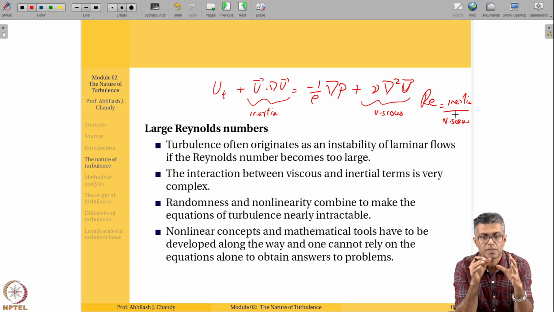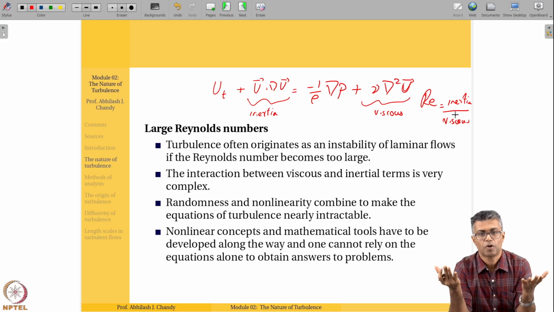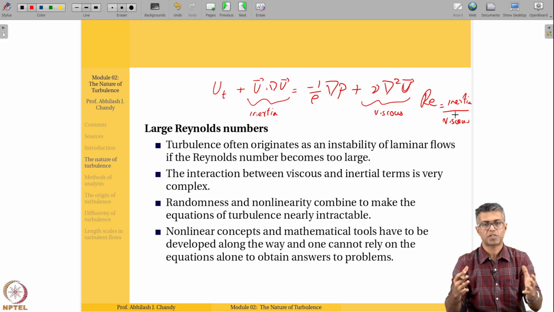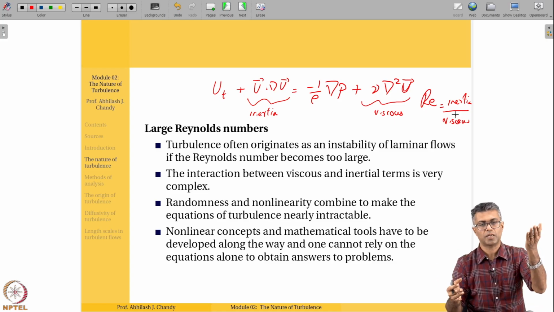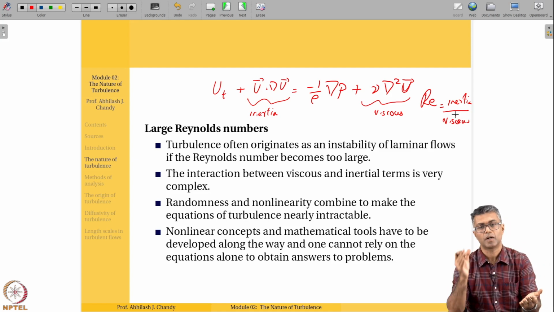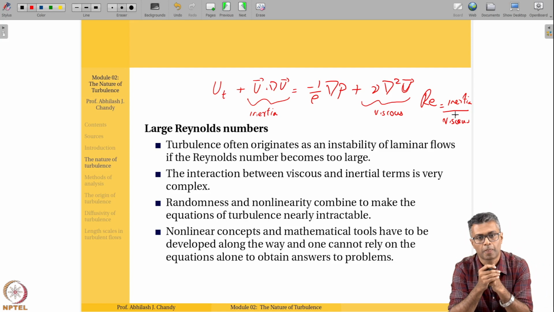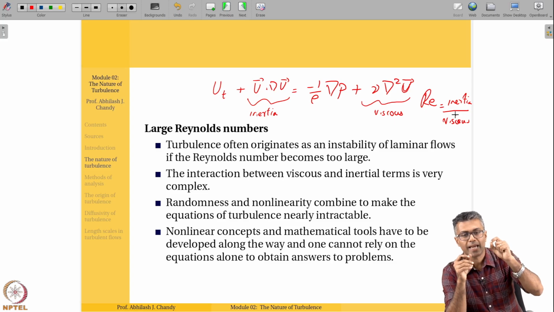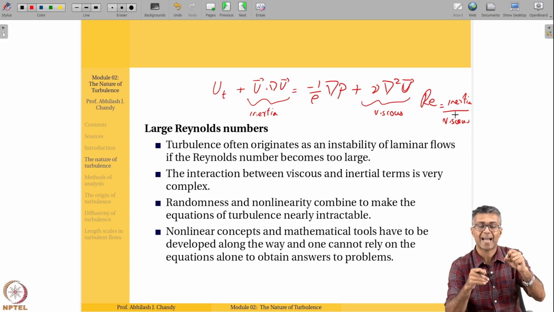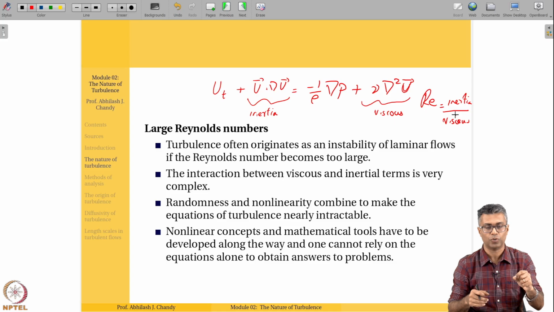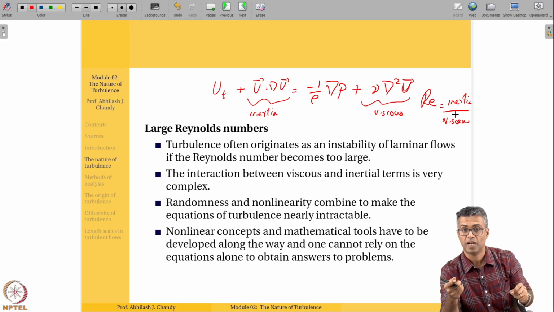So this interaction is very complex, right? I mean, we can always say that as inertia terms increase, Reynolds number increases. As inertia term reduces, Reynolds number decreases. Okay, so this occurs, and this is leading to the method of analysis and the origin of turbulence as well. It originates as the instability of laminar flows starts propagating if the Reynolds number is large.